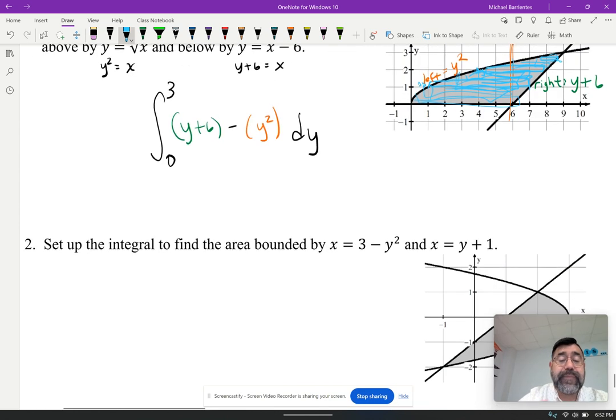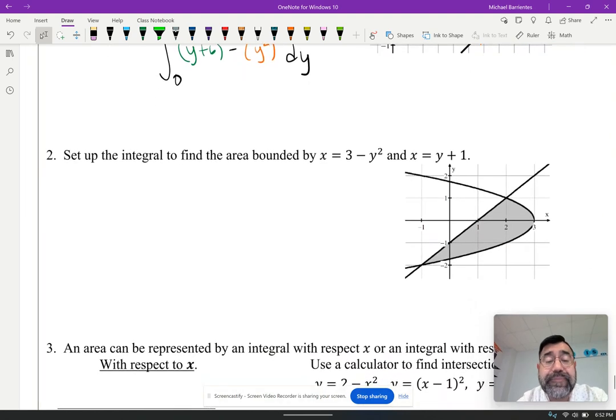Okay, so let's see. Can we do the same thing here? I think this is a perfect example where we have to set this up as x in terms of y. Because if I were to try to do a regular rectangle that's perpendicular to the x-axis, wait, this function is the top and the same function as the bottom? Like, that doesn't make sense.